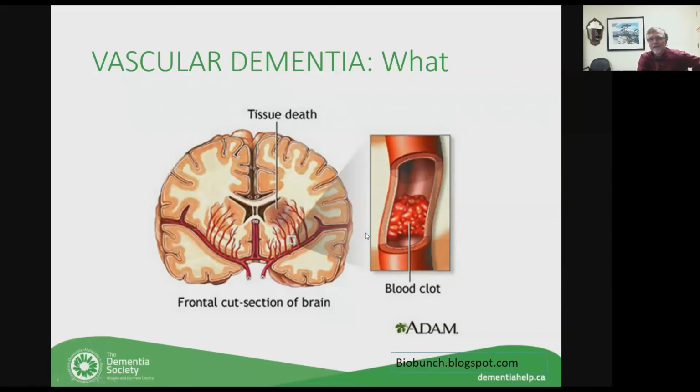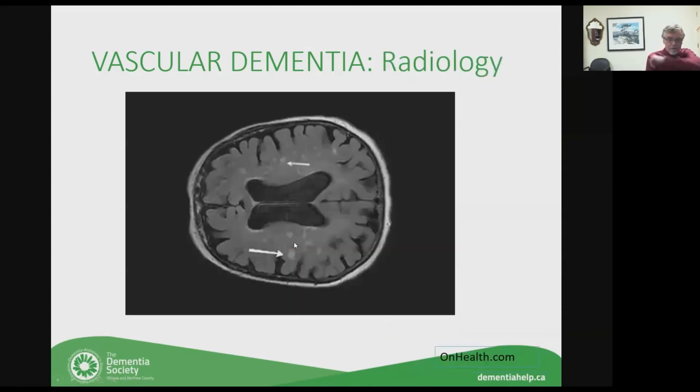So here it's not like a sudden stroke where you block this artery and all of this part of the brain dies. No, this is a little artery, one of the little branches, and now it's affecting a part of the brain downstream, but it's more diffuse. If you take a brain scan now, and this is like a slice through the brain, you can see normal tissue here, but then you see these white little plaques all over.